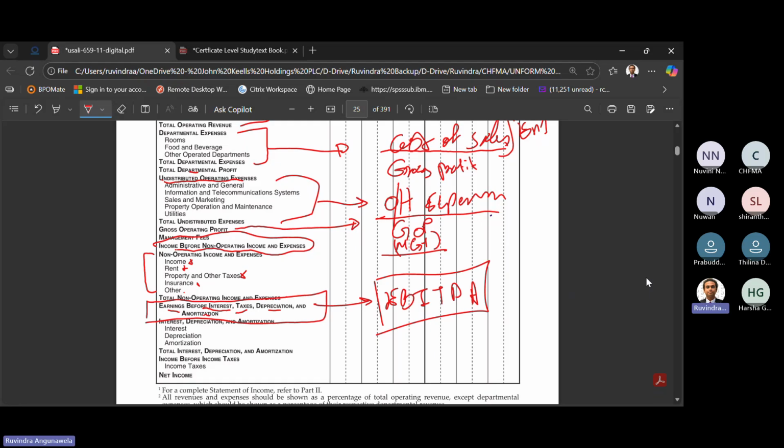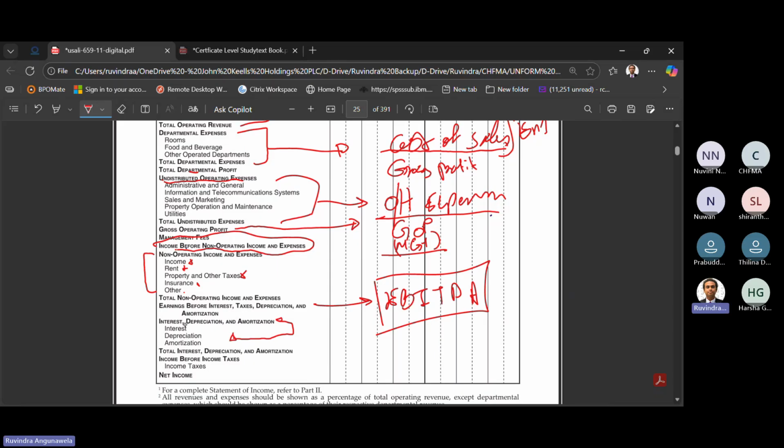After EBITDA, you have another section coming below that, which is the interest, depreciation, and amortization, right? For now, just refer to this, not think too much about it.